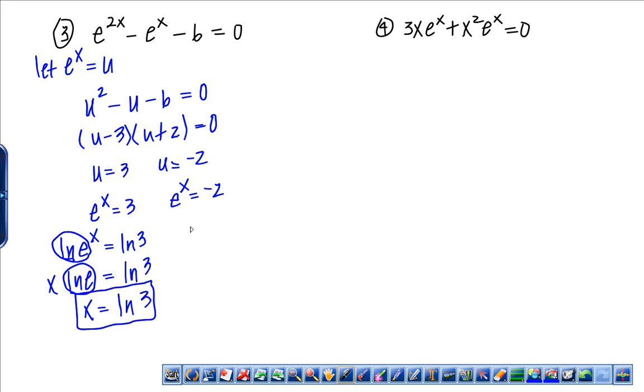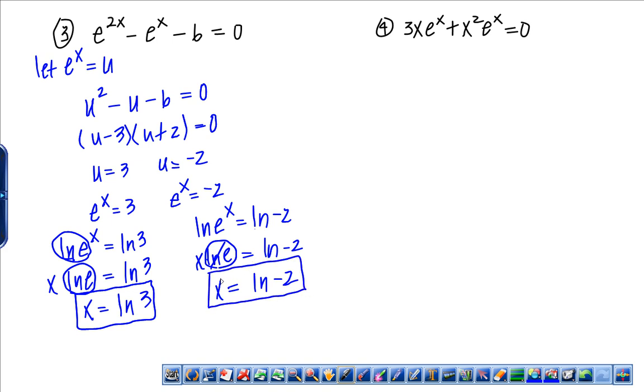And over here, again, if I natural log e to the x and natural log negative 2, this is 1, so x times natural log of e is equal to natural log of negative 2. I have x equals natural log of negative 2.